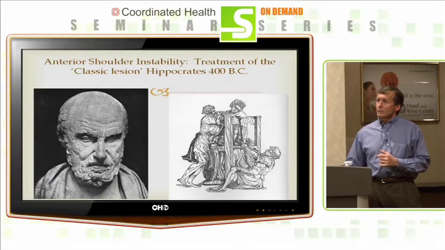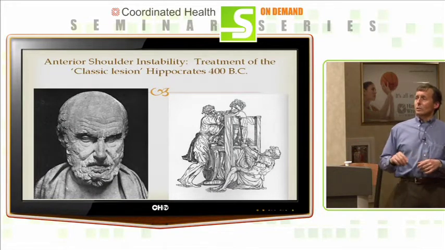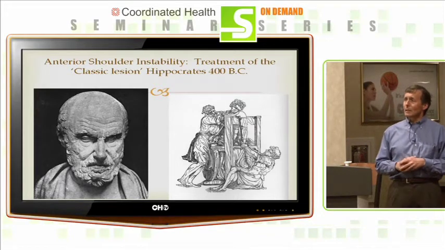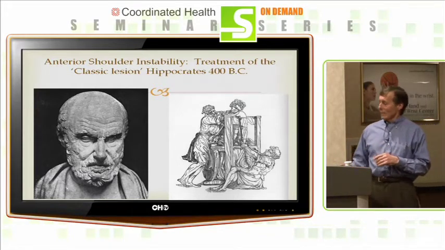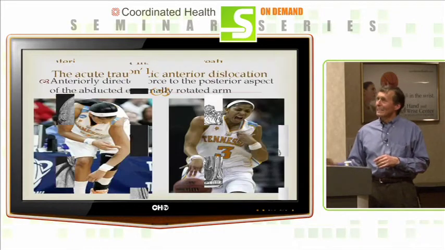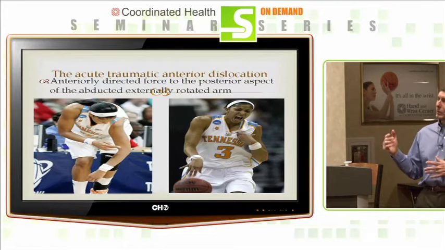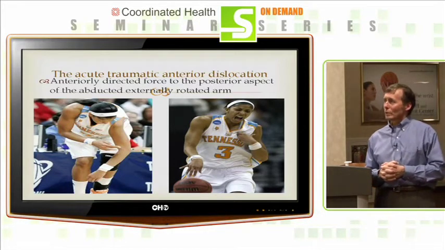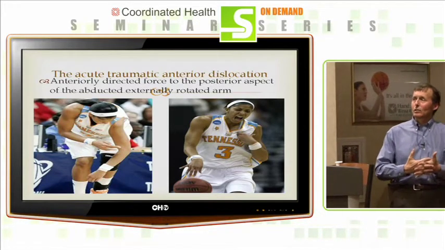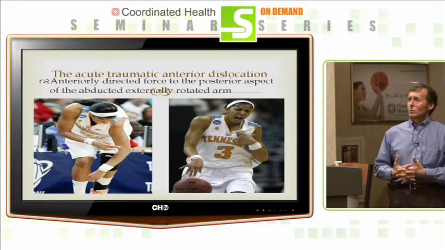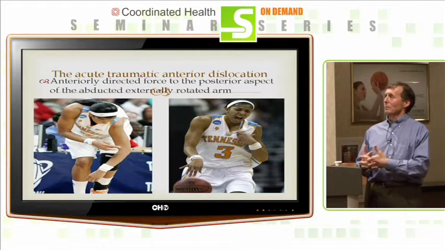Now, this is how we originally treated shoulder dislocations back in 400 BC, and sometimes I think the initial treatment hasn't changed a whole lot. But this is the same injury a couple of years ago, and that is an anterior shoulder dislocation. When we think of shoulder dislocations, this is what most people consider a primary lesion.